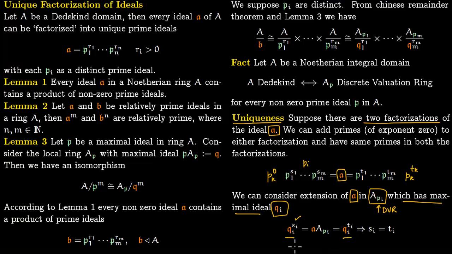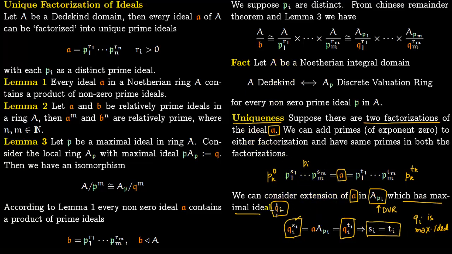You will get something like this. So you can say now SI is equal to TI, because these two are equal, and QI is a maximal ideal because this is a local ring. This is a maximal ideal, and therefore these two are equal, so their powers have to be equal. That gives us the uniqueness of our factorization.